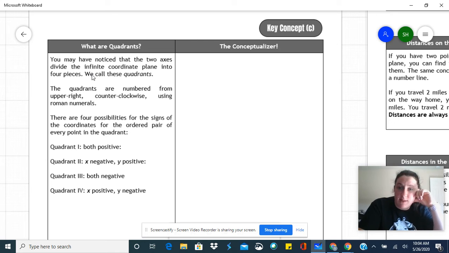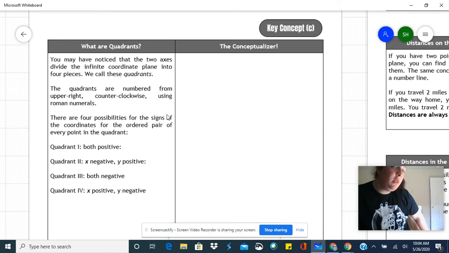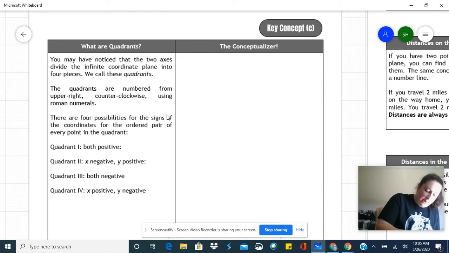So, for concept C, it says, you have noticed that two axes divide the infinite coordinate plane into 4 pieces. We call those quadrants, right? We talked about this already. The important things to know about these quadrants: in quadrant 1, both are positive.